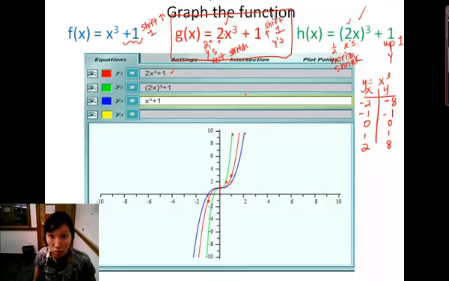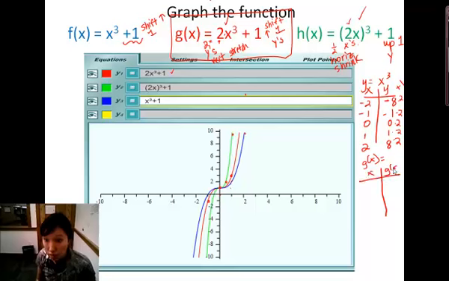Okay, so now we're going to apply these where they belong. We need to make adjustments to the y's, and it would be in the order of operations. So we're going to have to multiply these y values by 2. So I'm going to multiply this by 2, 2, 2, 2, 2. And then we're going to add 1 to it. So negative 8 times 2, this is going to get our new g of x function.